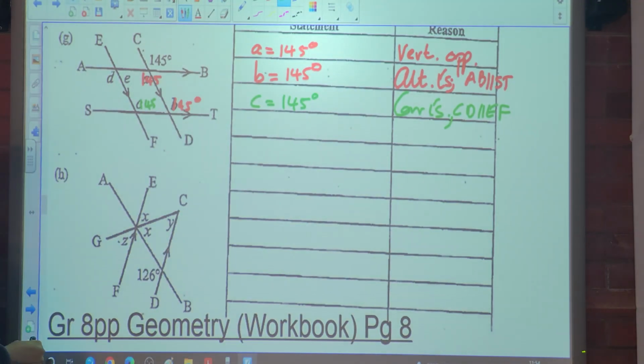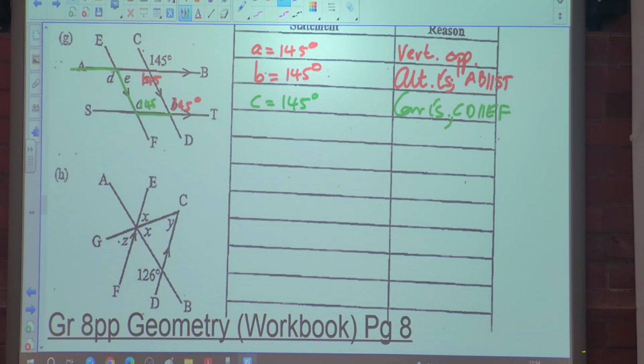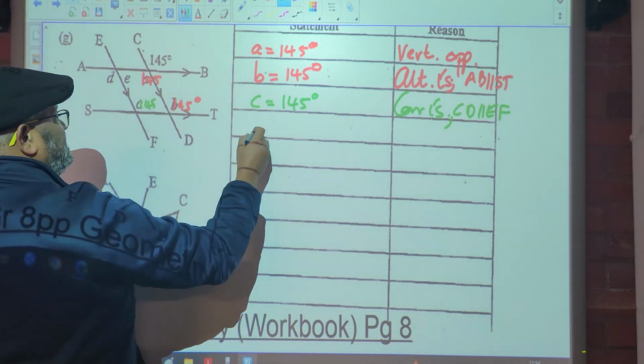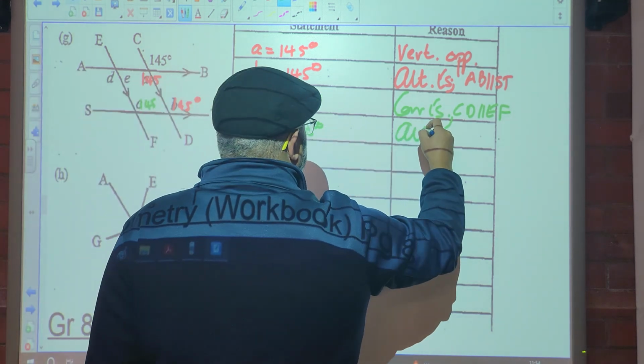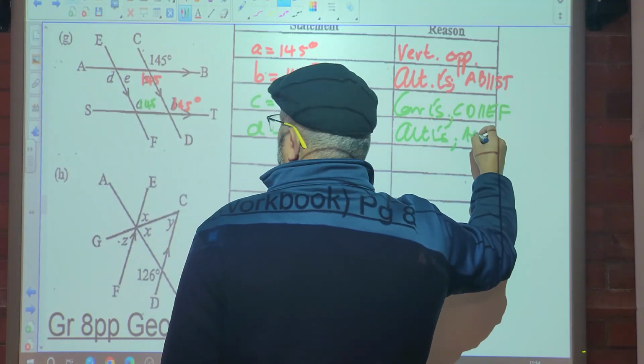I calculate D. Corresponding or alternate? Turn it again. Can you see that, people? So D is equal to 145. So alternate angles with AB being parallel to BC.